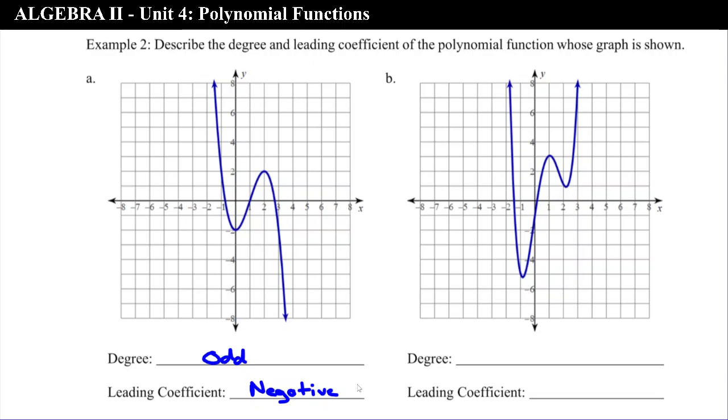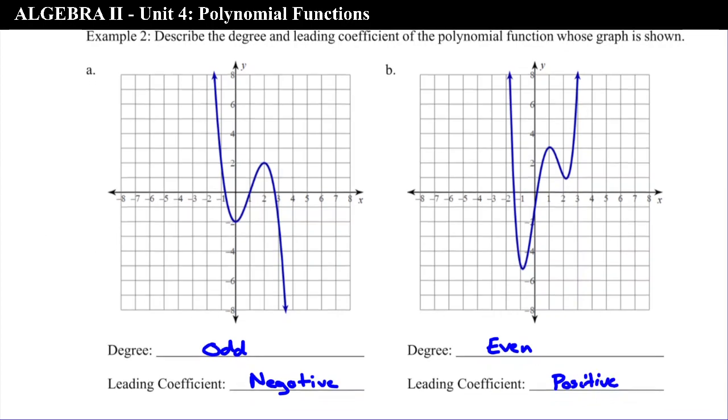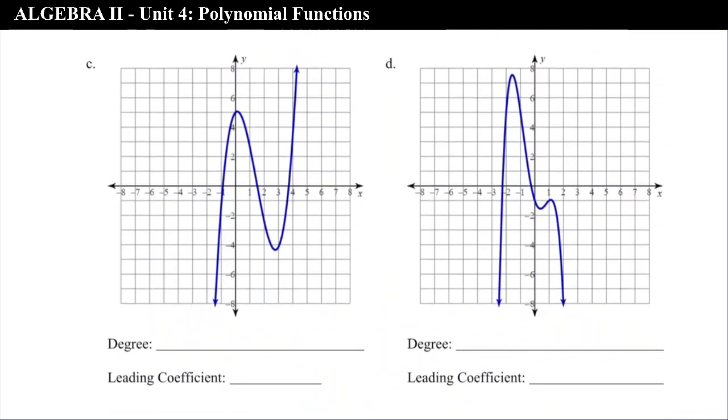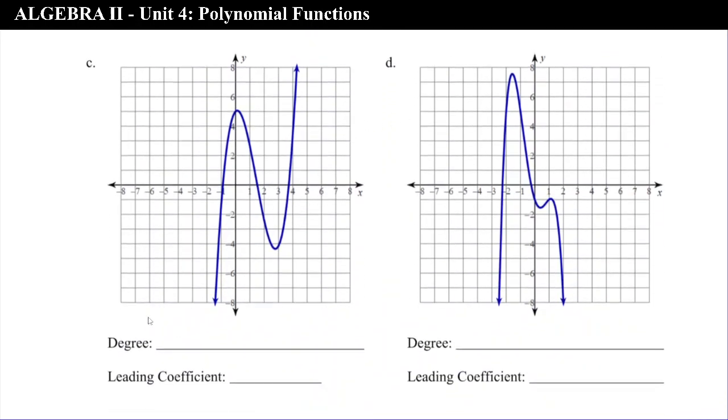Our degree for B is going to be even because both arrows are pointing the same way. Our leading coefficient is going to be positive because we're generally in a concave up sort of shape here. All right, let's move on to C and D. So our degree for this one is going to be odd because our arrows are pointing in different directions.